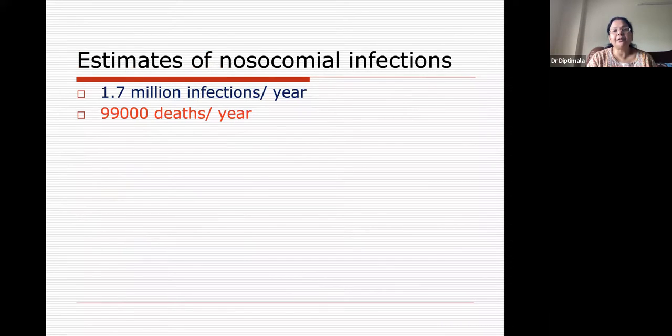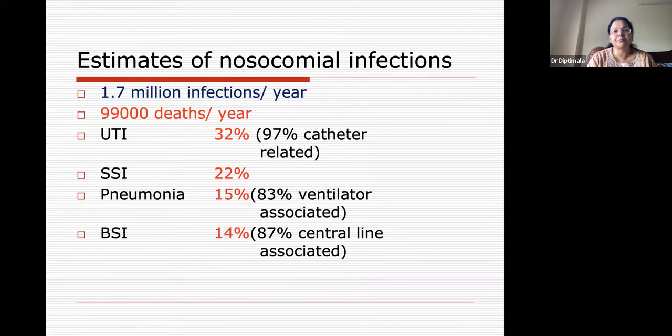There are 1.7 million infections per year, 99,000 deaths per year. Out of these infections, 32% are attributed to UTI, and in UTI, 97% are catheter related.